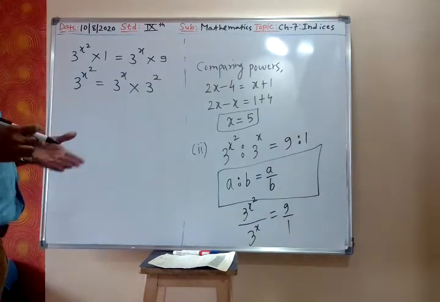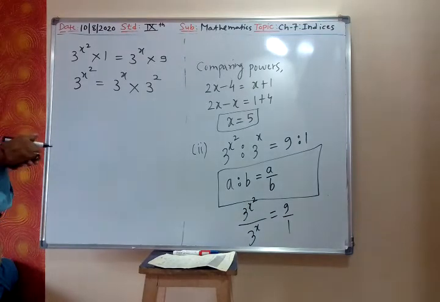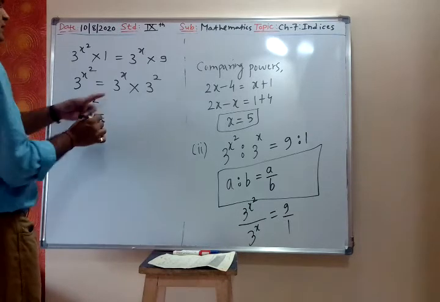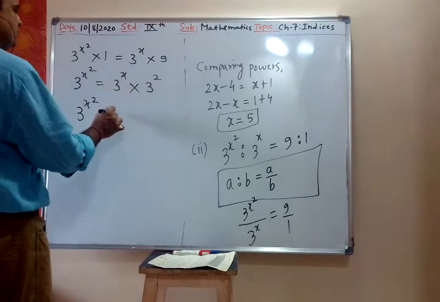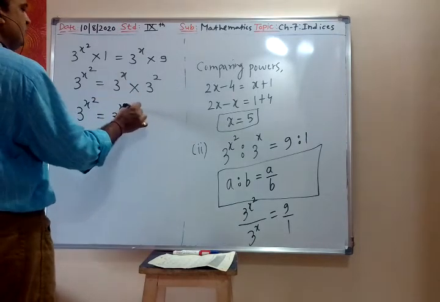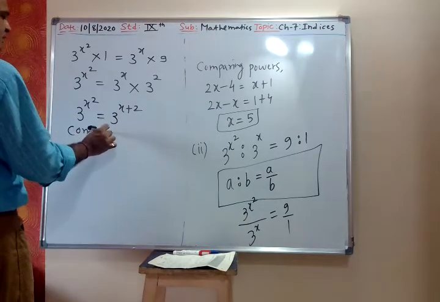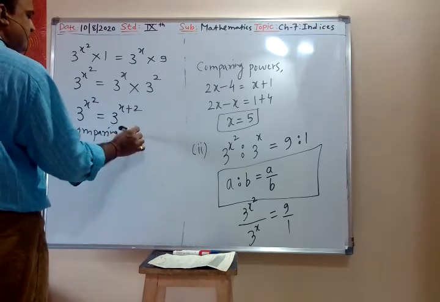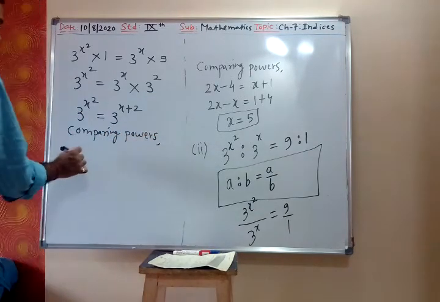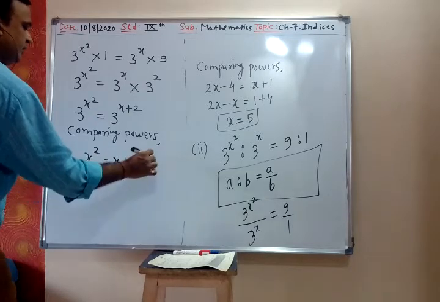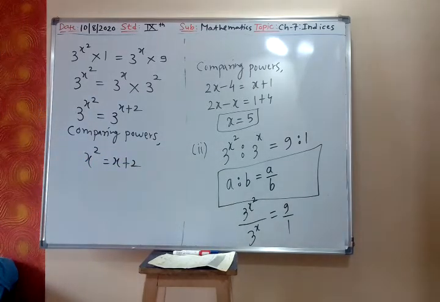So 3 raised to x square is equal to, now on this side multiplication, so we add the powers: 3 raised to x plus 2. Now we compare the powers. So comparing powers, you will get x square is equal to x plus 2.